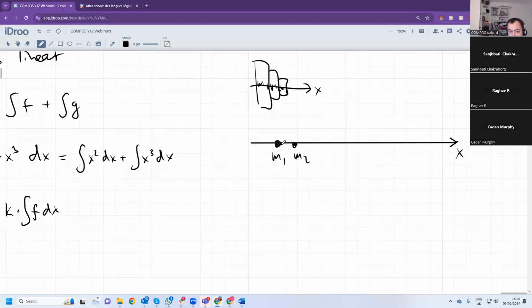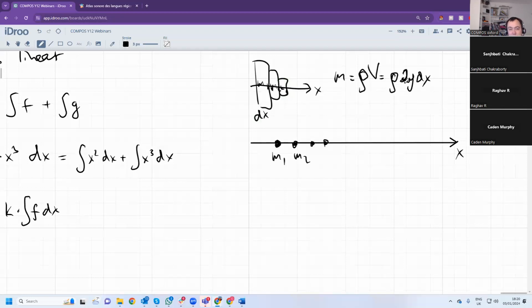And the mass is equal to the density times the volume, and the volume is equal to the width, which is dx, times 2y. It becomes delta 2y dx, something like that. Hope that makes sense.